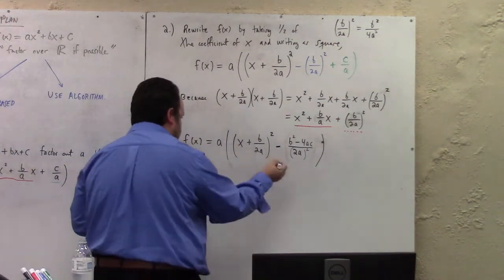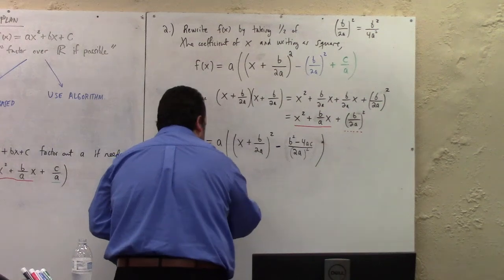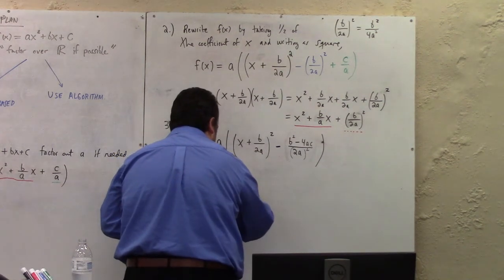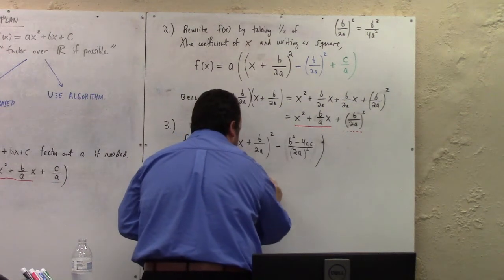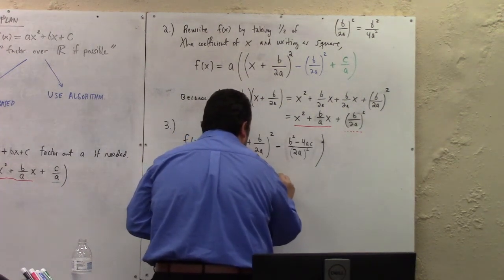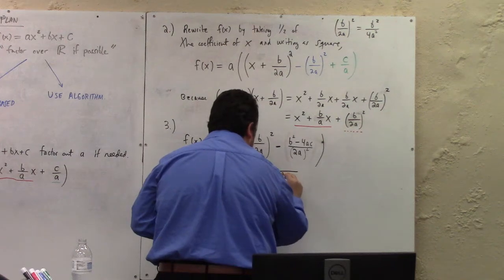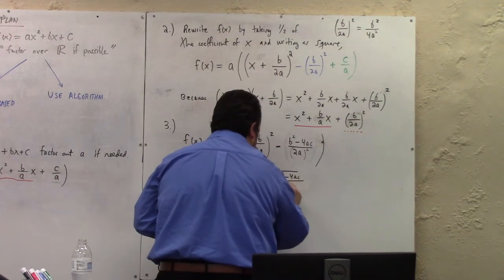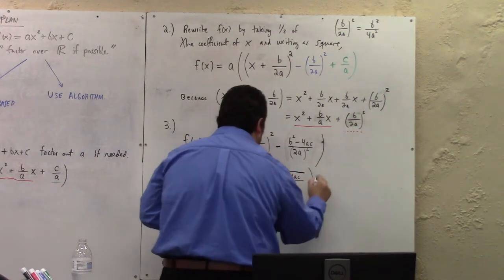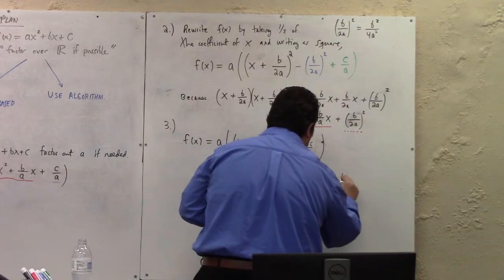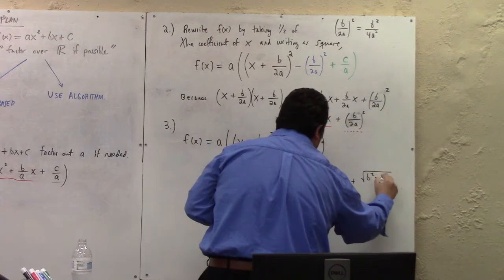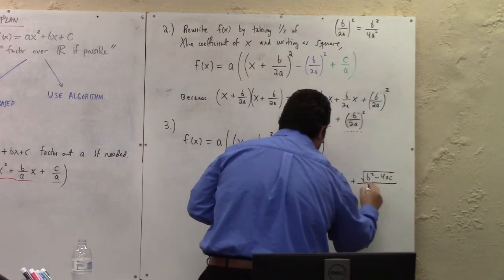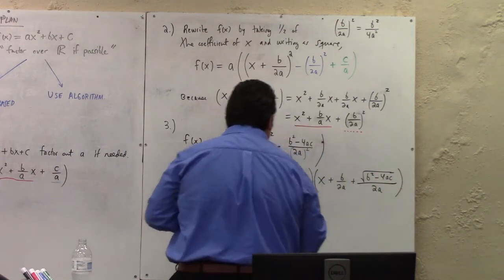So if I can rewrite this, this is a times x plus b over 2a minus the square root of b squared minus 4ac over 2a, times x plus b over 2a plus the square root of b squared minus 4ac over 2a, like that.